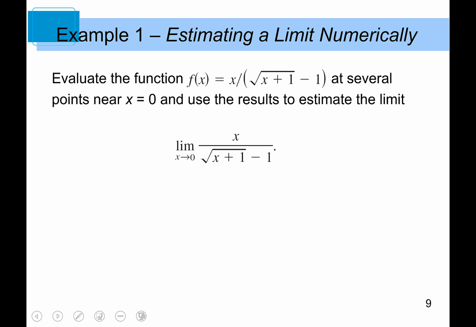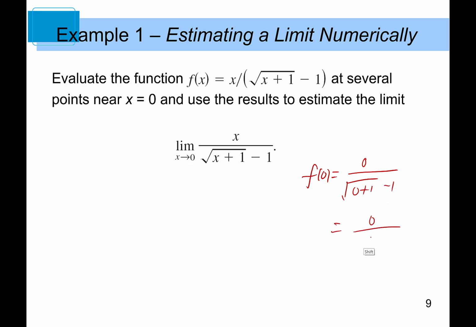Let's evaluate the function f of x equals x over the square root of x plus 1, minus 1, at several points near x equals 0, and then use the result to estimate the limit. If you do direct substitution, meaning you plug in x equals 0, you're going to have 0 over the radical of 0 plus 1, minus 1.